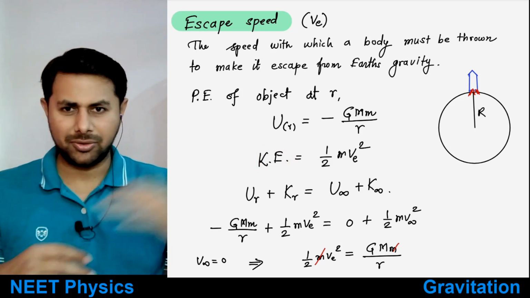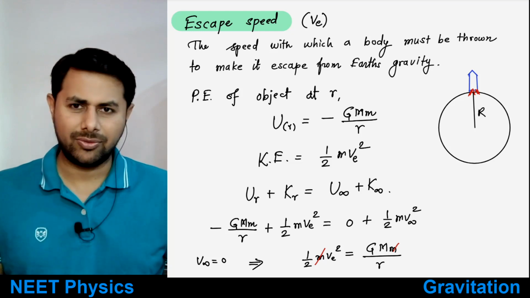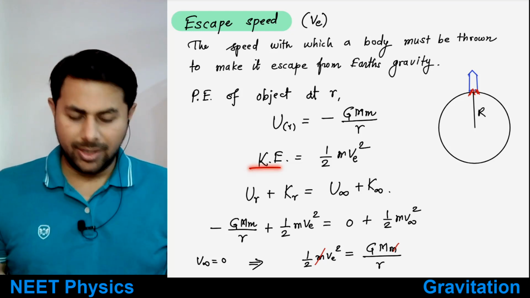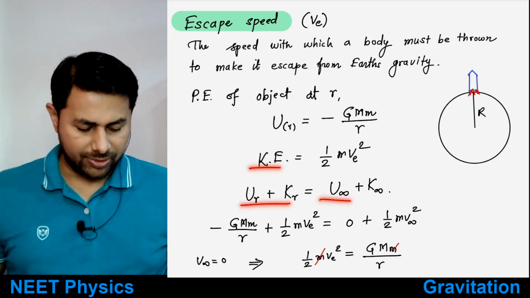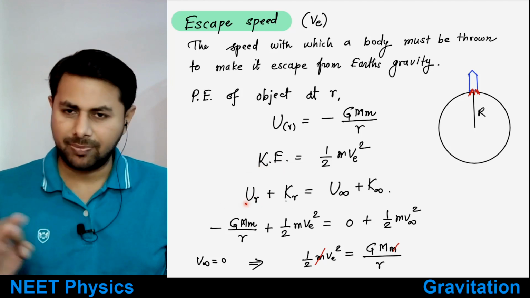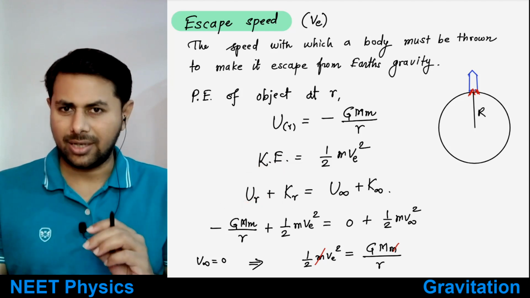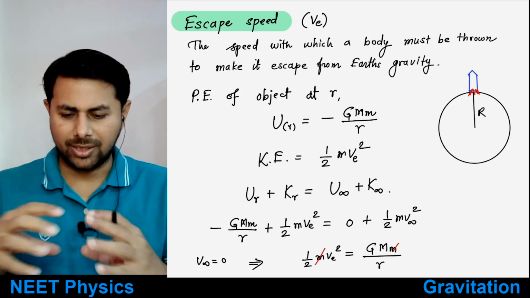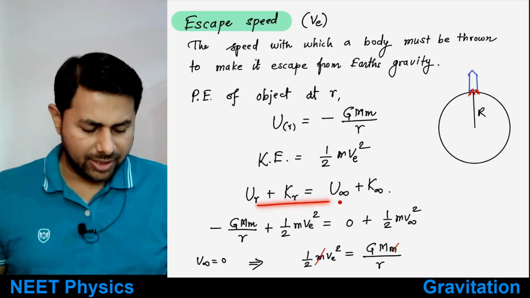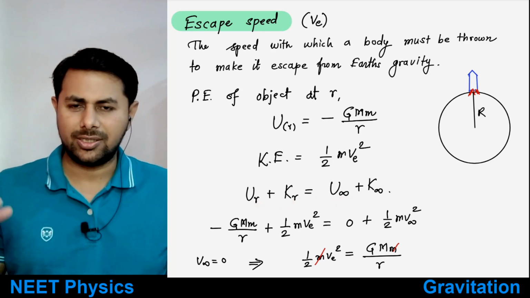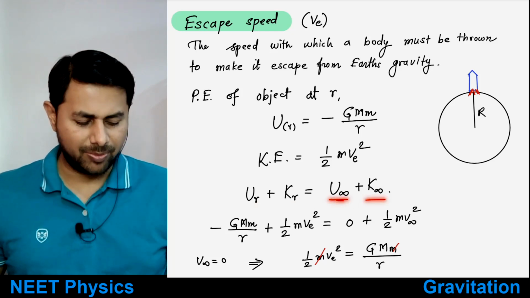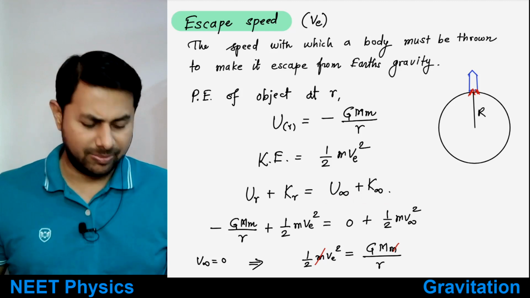From infinity it won't be able to come back. So the total energy remains conserved. From law of conservation of energy, the sum of potential energy plus kinetic energy at r, when separation between Earth's center and that body is r, is equal to the sum of potential energy and kinetic energy at infinity.